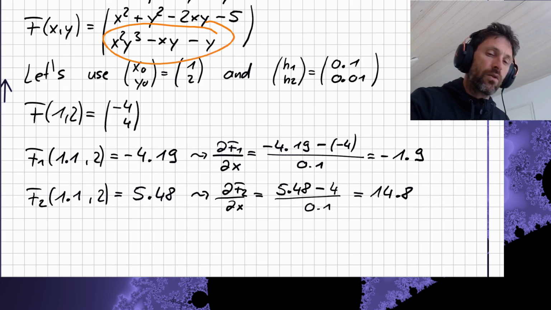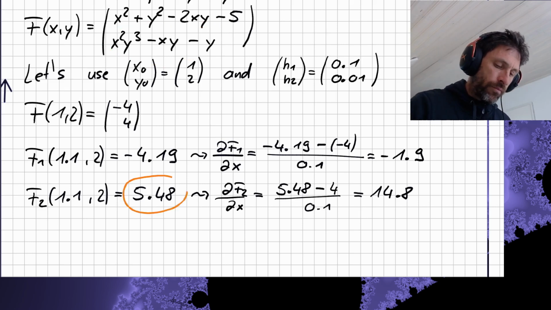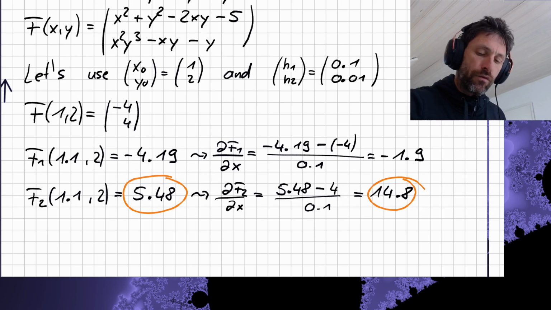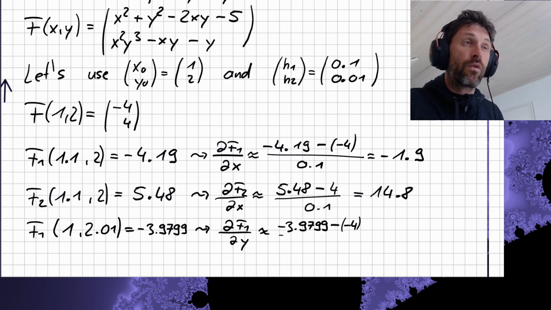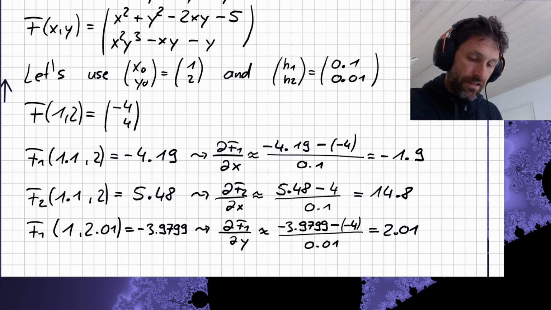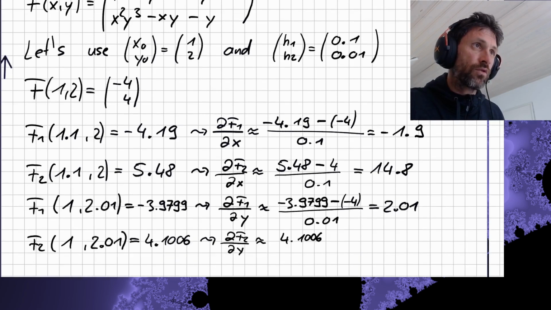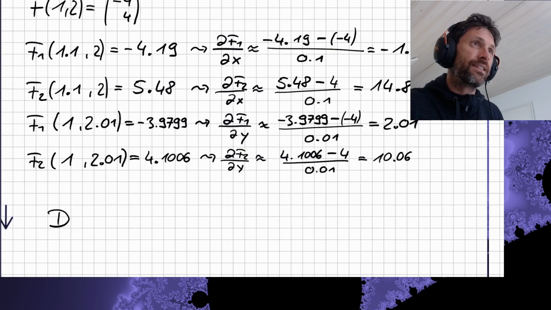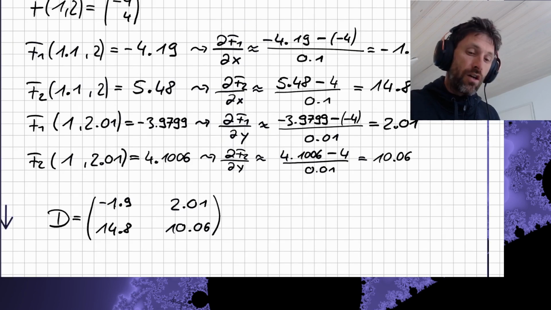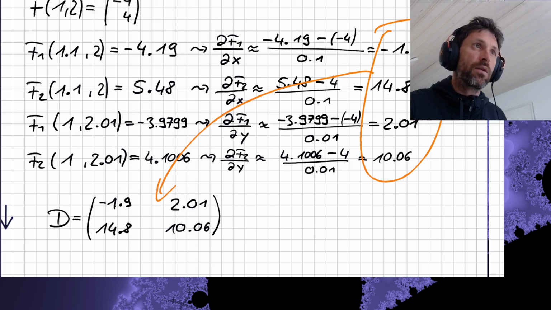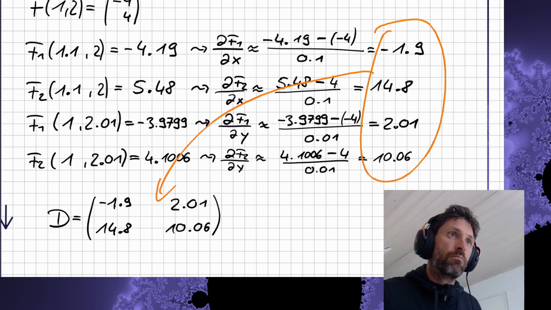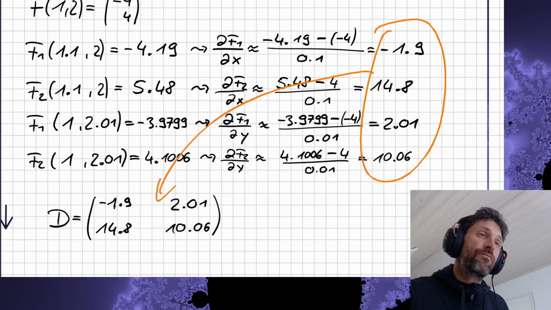Then we get 5.48, in the end 14.8, and then the approximation of the y derivative is that, and for the second coordinate we get that. So we have the Jacobian, taking these 4 numbers and putting them into this matrix, and this is the approximation of the Jacobian.